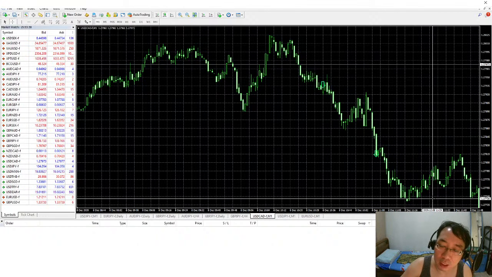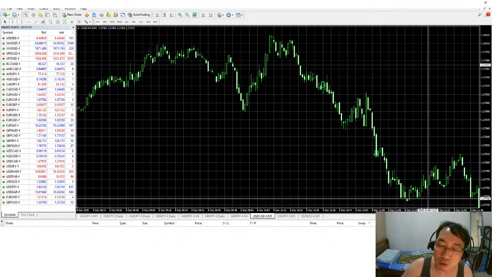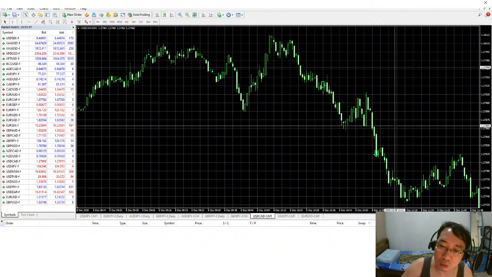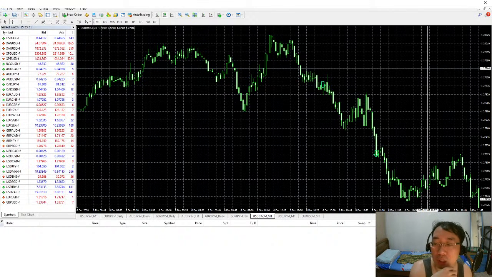Set the take profit near that zone, and just let the trade ride until it takes profit by itself. The worst that can happen is that it could be stopped out. But if it does take profit, it seems to be at least 10 to 15 points more than if I just close the trade manually by myself.